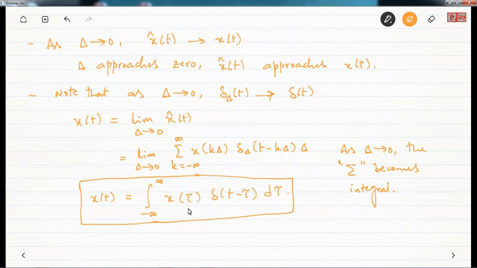So what are we doing here? Here x of t is being represented as, integral is nothing but summation, right? It's kind of a sum of shifted and scaled impulses. So let me write that: delta of t minus tau is a shifted impulse.